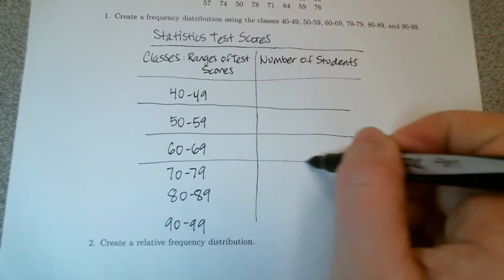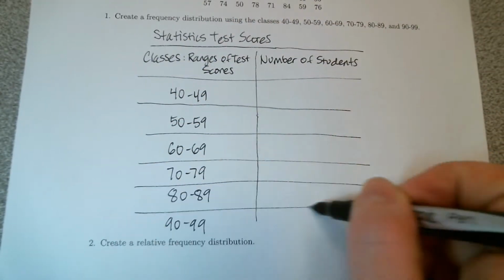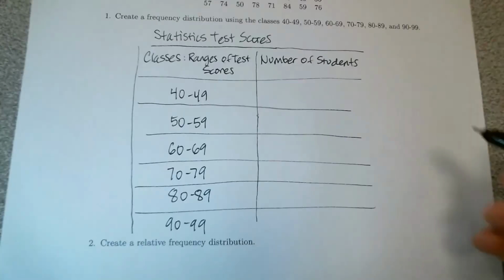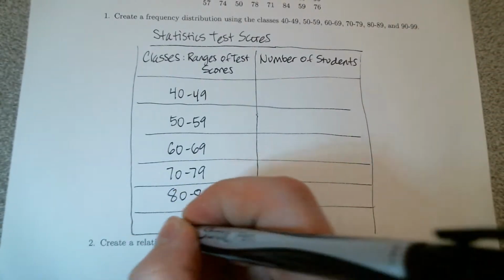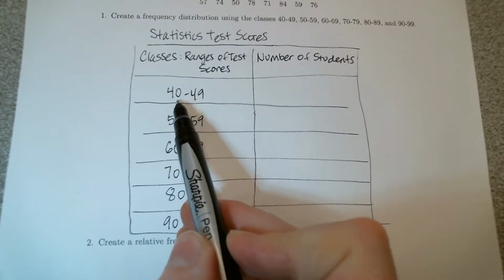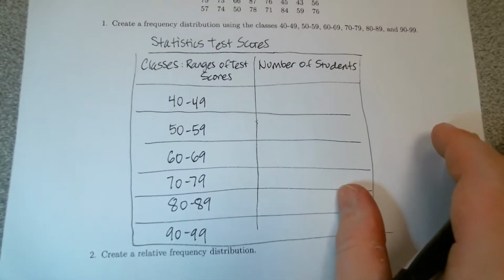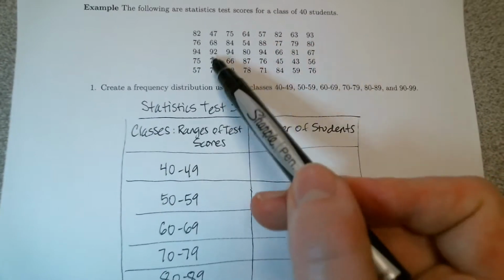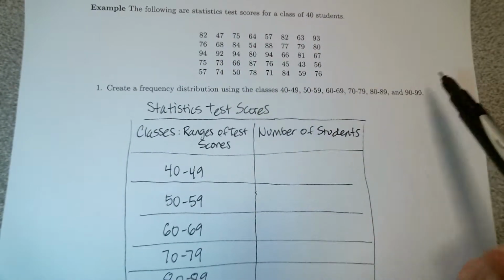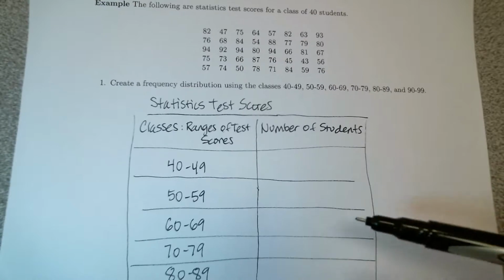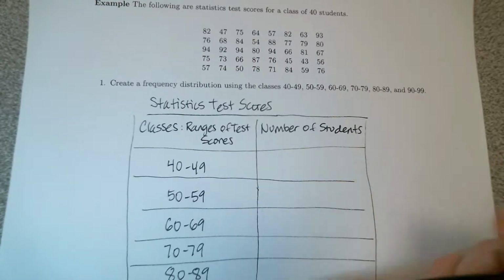So what we're going to do is count the number of scores that are in this class and record that number here. Instead of looking at individual test scores like we have up here, I can investigate them based on which class they're in.